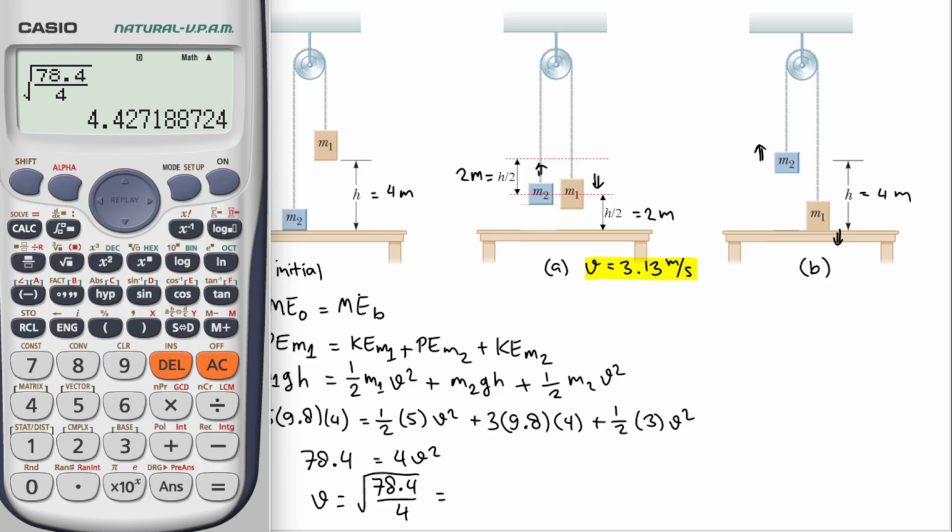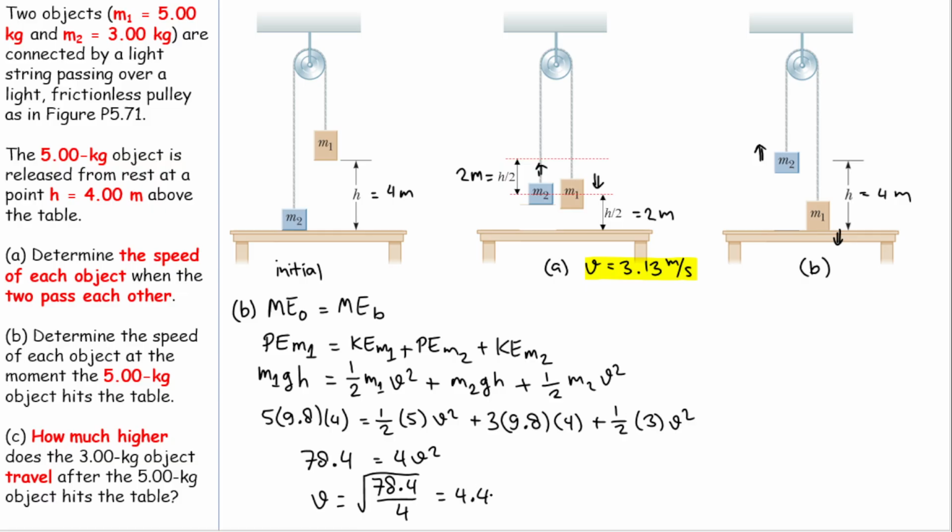And I will have 4.43, and the unit here will be meters per second. So that is the speed of M1 just before hitting the table, 4.43 meters per second. And that is the answer for question B.